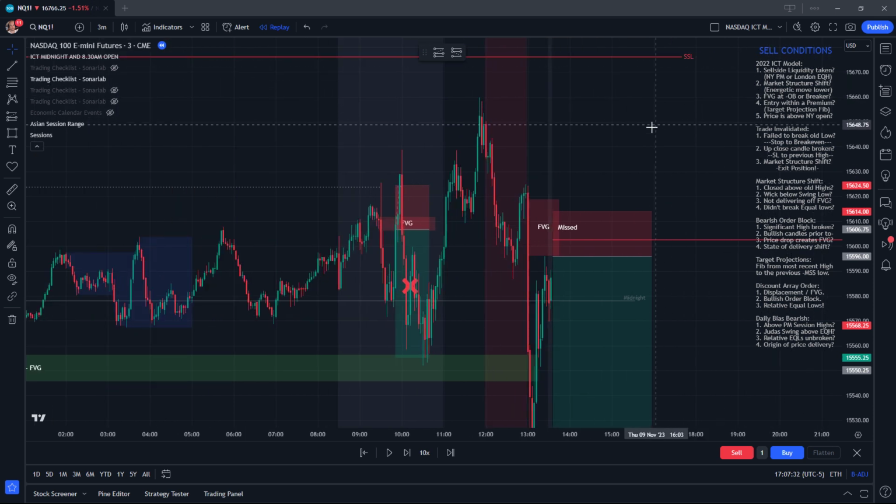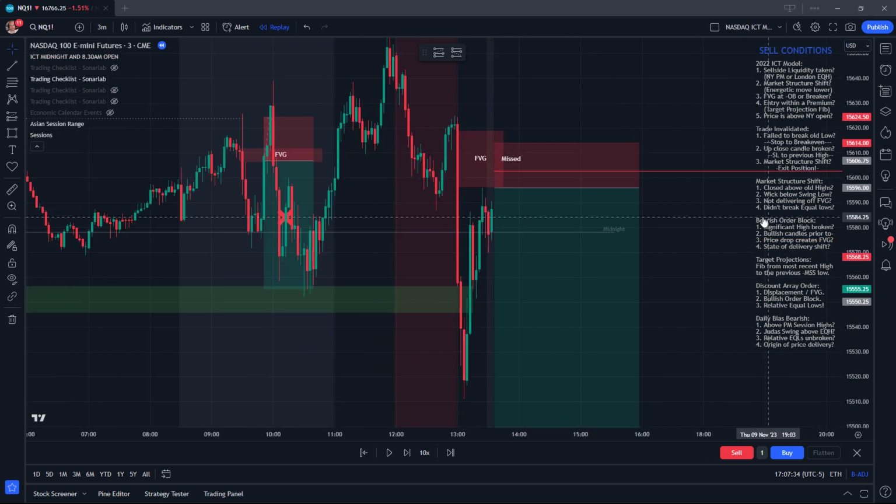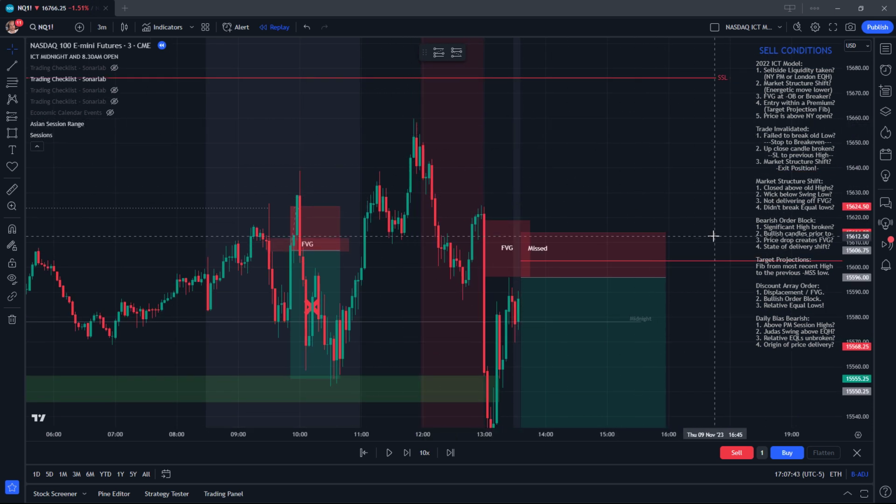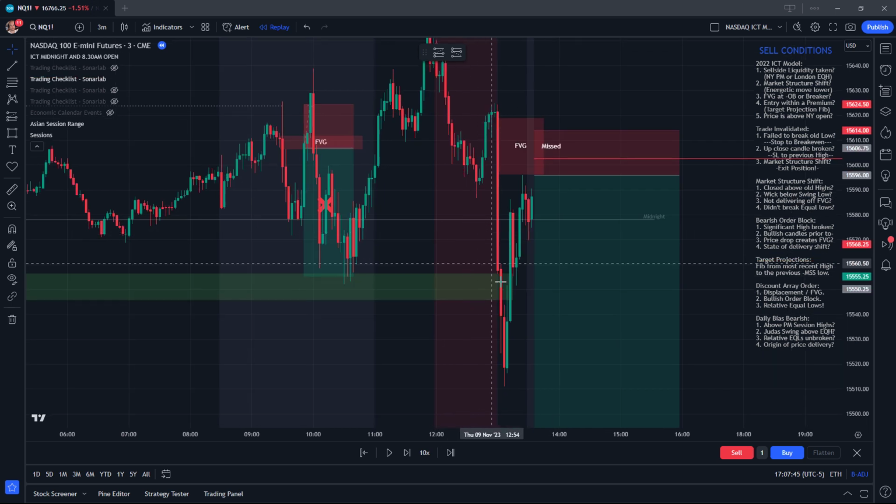Now we need a valid market structure shift, and this time we need to make sure it meets the new standards. Closed above an old high, yes. Wicked below a swing low, which it clearly did here. Didn't break equal lows, so let's check, are there equal lows here?